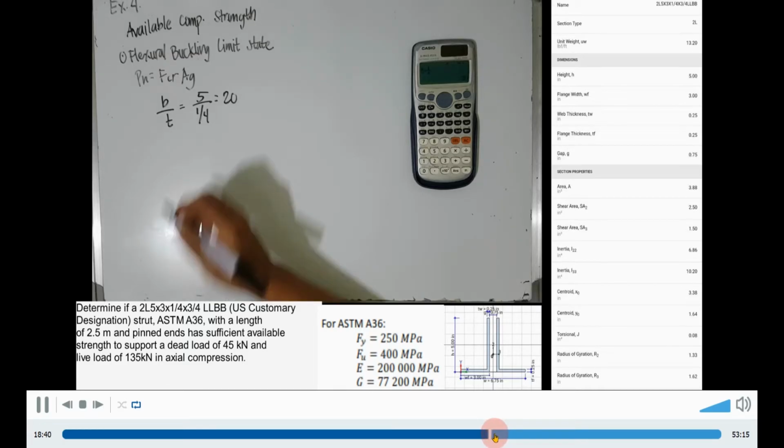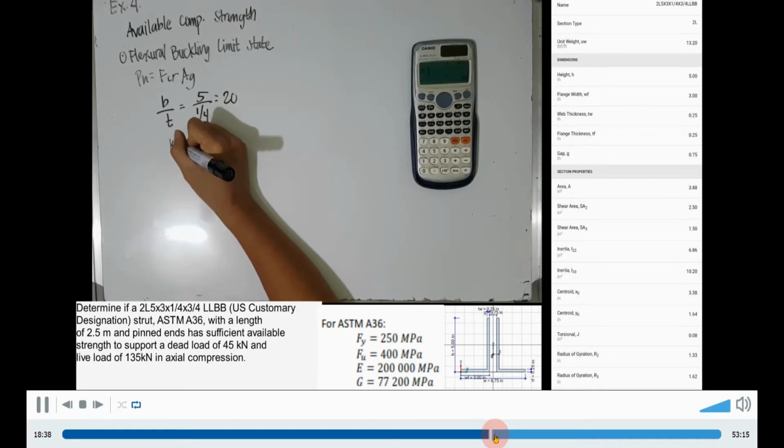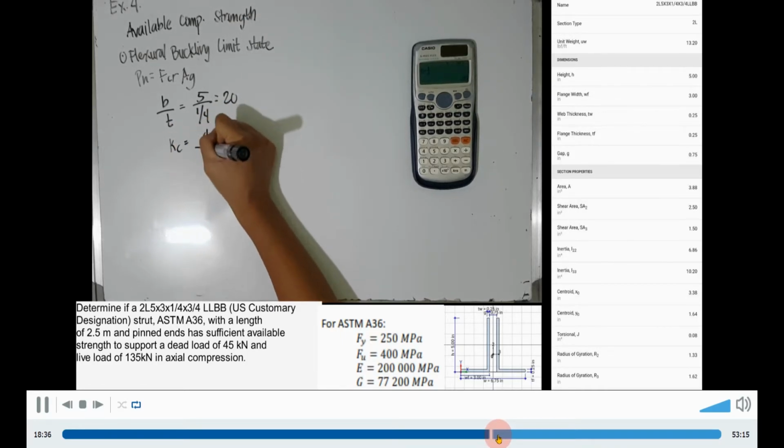And then the next is to determine the coefficient of slender unstiffened elements or the KC using this formula as stated in the NSCP 2015.